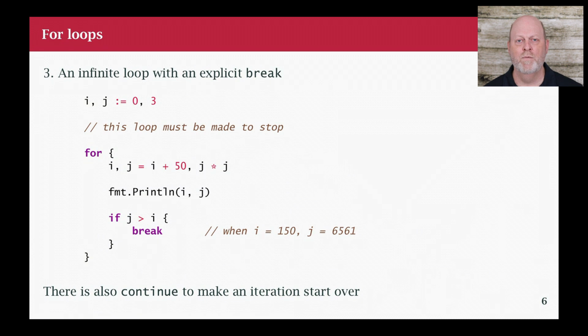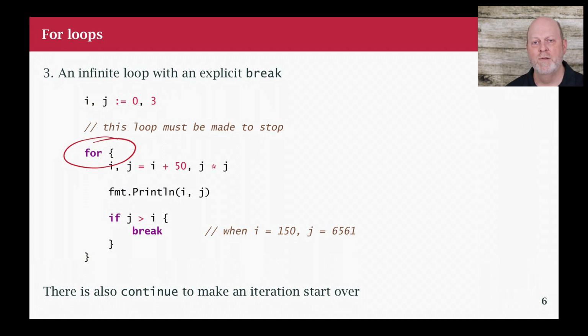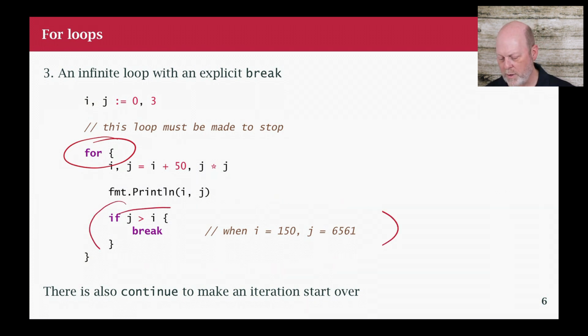So here's another form of for loop. In this case, there's nothing there but the for. And that's perfectly okay. I can leave out everything and just start what is effectively an infinite loop. There are even a few cases where a program might want to have an infinite loop. You start just doing something and you keep doing it until the program stops. But in this case, I'm doing it because I want to put the logic later in the loop.